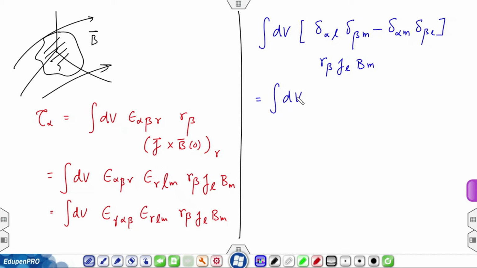The first term will give me r beta j alpha B beta, plus the second term will give me integration dV r l j l B alpha.